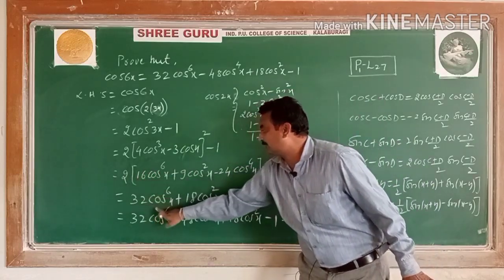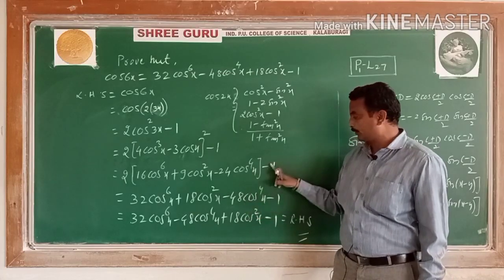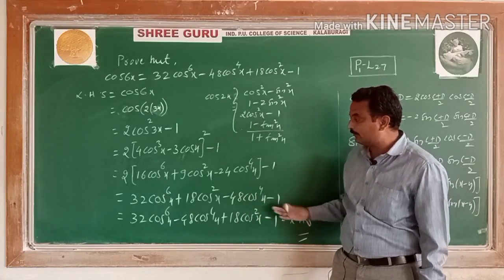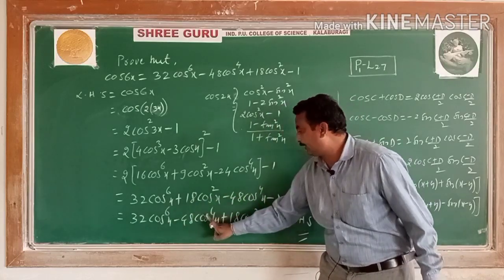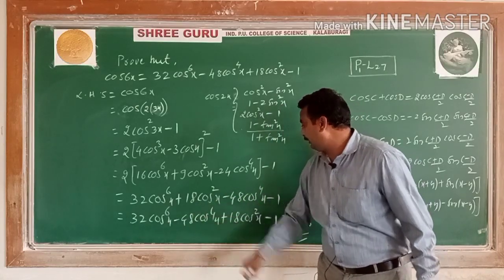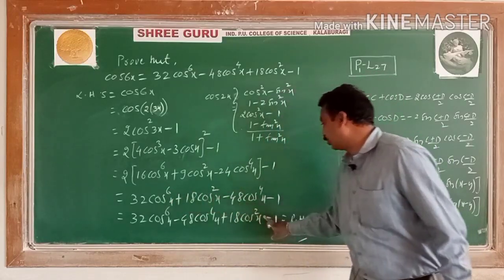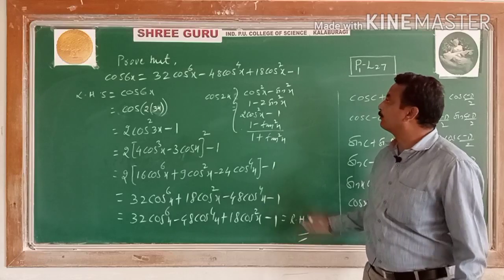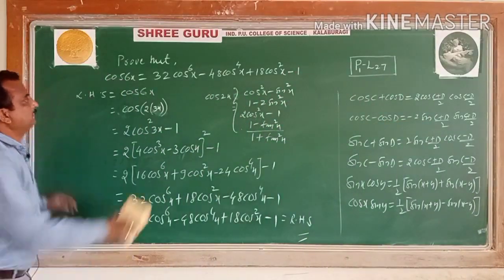This is 32 cos 6x, 18 cos square x and minus 48 cos 4x, minus 1. This minus 1 as it is. Then writing according to the highest order degree, 6, 4 and then 2, the highest order power first. So this is your RHS here. Now come to the next example.